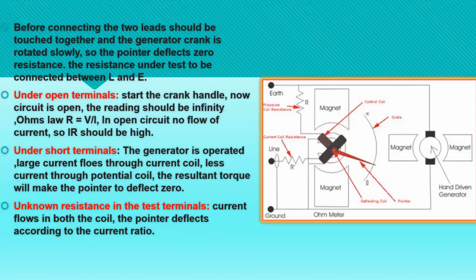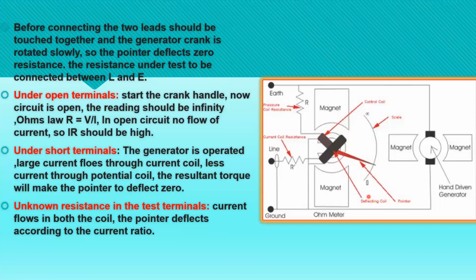Both coils have current flowing, so both produce torque. That torque will deflect the pointer between 0 and infinity, according to the current ratio. According to the current ratio, the pointer will show the value of the unknown resistance that we are measuring.